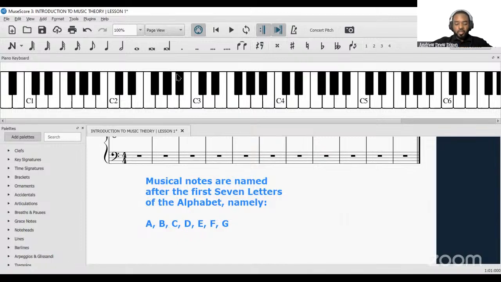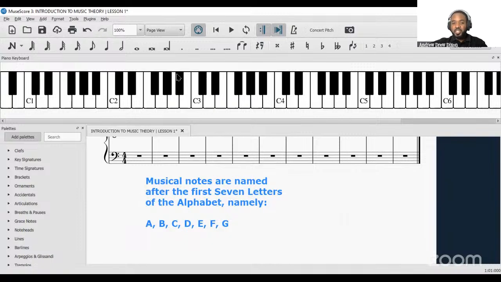So let me go again. We have A, B, C, D, E, F, G. The question is, what's the next note that's coming after G? Answer is, you got that right, A.